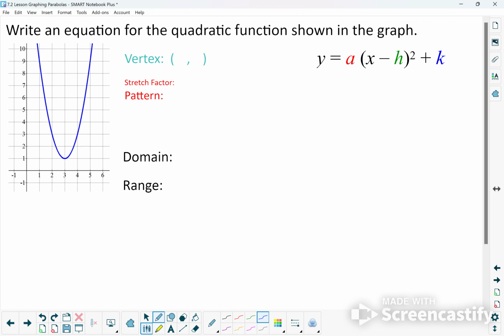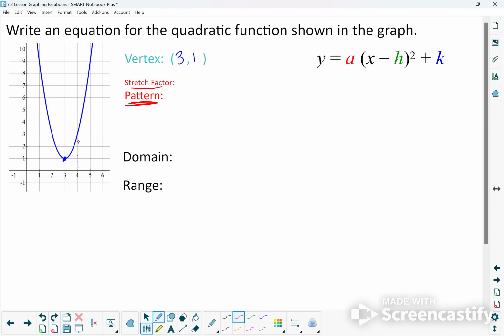I think it's a great idea always to write down the vertex, especially if you find that you're making mistakes when you do this. Sometimes just writing down that vertex as a point helps you translate it into the equation better. And then for the stretch, you kind of have to look at the pattern on the parabola and see how much is it going up before it goes over 1?